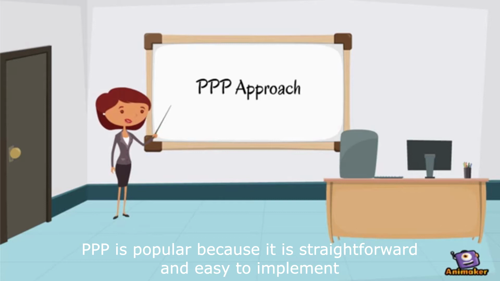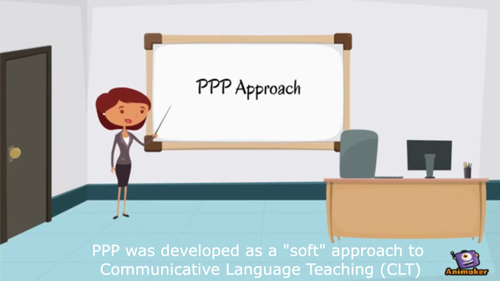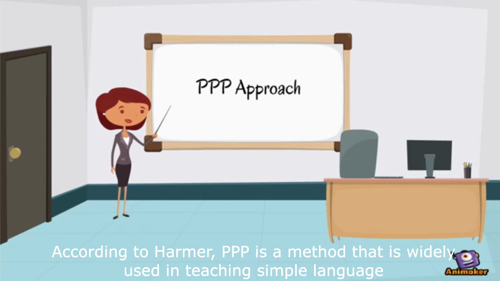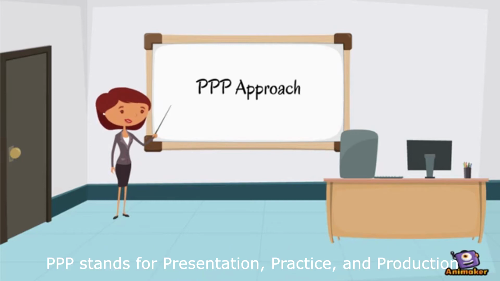PPP is popular because it is straightforward and easy to implement. PPP was developed as a soft approach to communicative language teaching, or CLT, combining CLT and the traditional approach. According to Harmer, PPP is a method that is widely used in teaching simple language at lower levels.